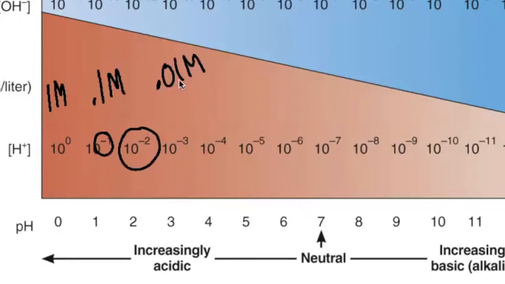Each of these is a decreasing concentration of the hydrogen ion. These numbers are reflecting the molarity of the hydrogen ions. It's a little confusing to say you're getting an increasingly acidic solution and the pH is lowering.